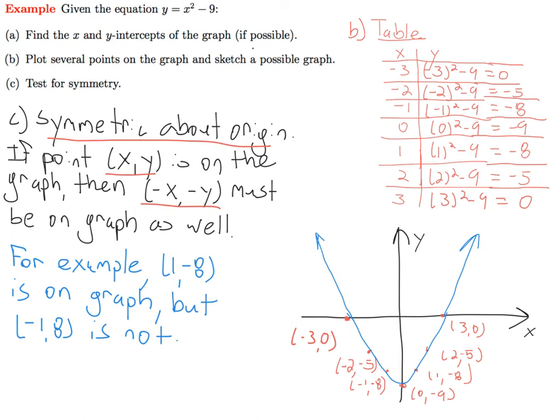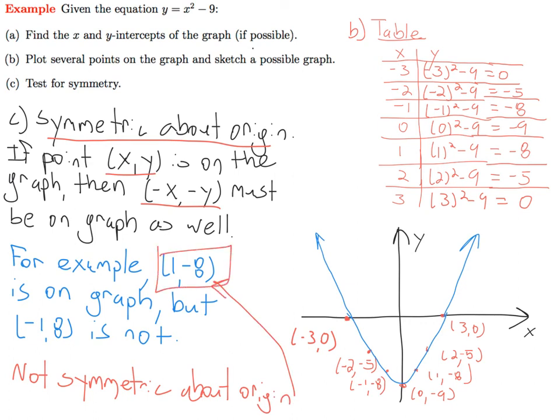So therefore we see that this is not symmetric about the origin. Because this point over here doesn't have its reflection on the graph. So to summarize, this equation was symmetric about the y-axis, it was not symmetric about the x-axis, and it was not symmetric about the origin.